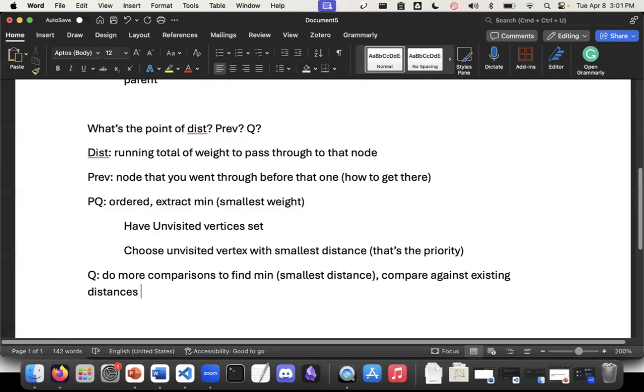Any other ideas? Any insights for how running through this algorithm with explicit pseudocode was? Was it what you expected? Did you learn anything new? What insights do you have?